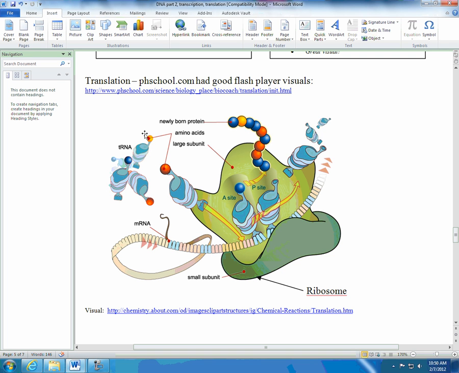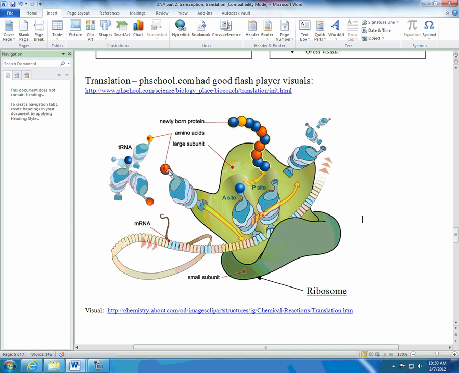Remember, you always hear amino acids are the building blocks of proteins. So the tRNA snags whatever the appropriate amino acid is that it needs, and then that goes into what they call the larger subunit of the ribosome. I've got a visual a little bit later, which is pretty good.